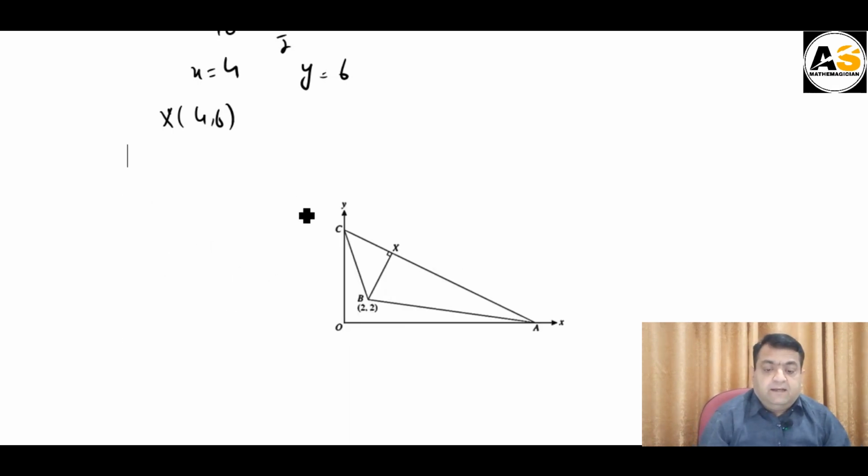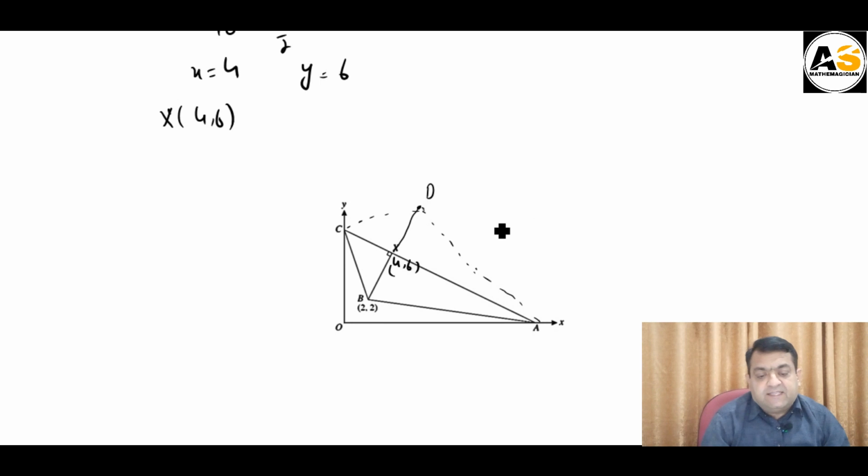We are given that point D is somewhere here such that this quadrilateral ABCD has AC as its axis of symmetry. We have just calculated the coordinates of X, which are (4, 6).